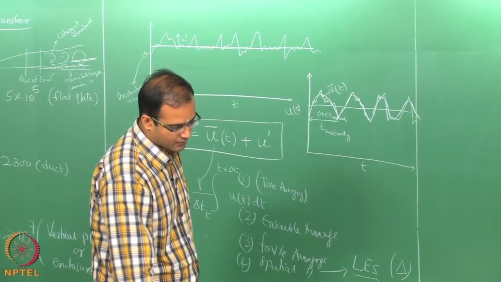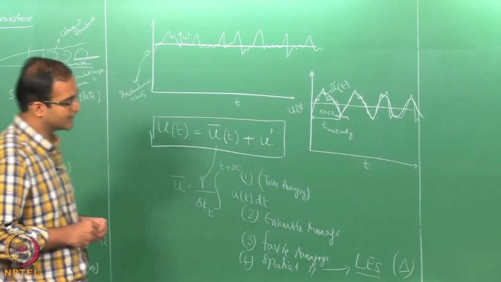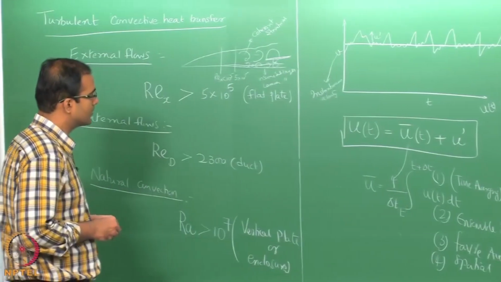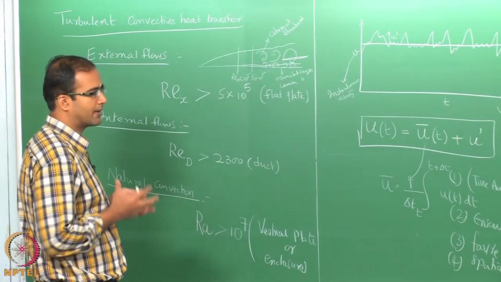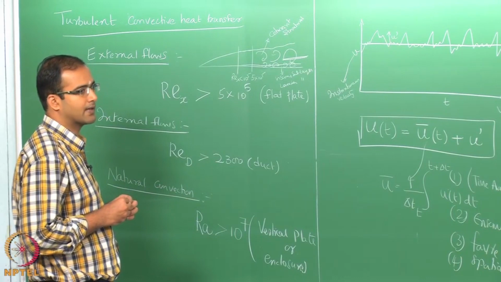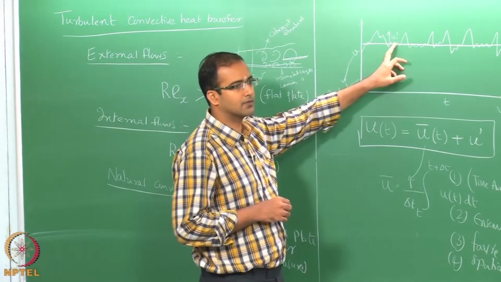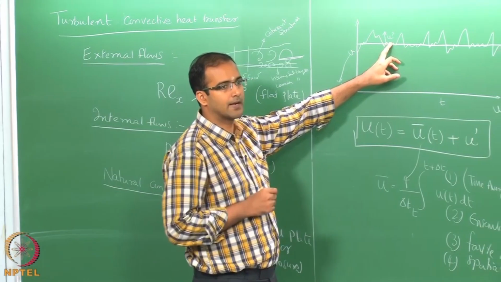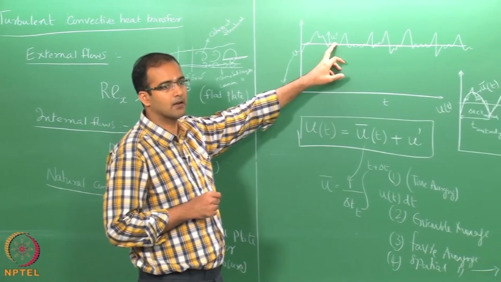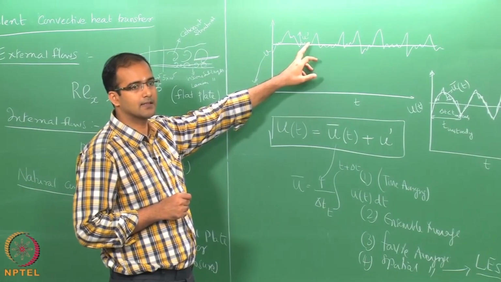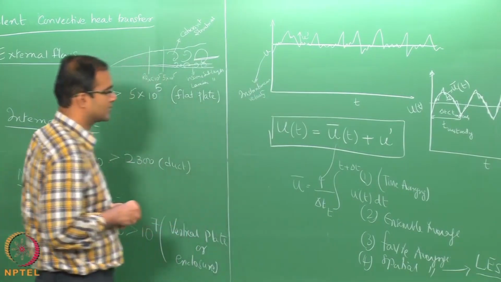So, if you do the averaging like this, how should you model or capture all these scales? As you can see, these fluctuations are a result of the small eddies. The time scale of these eddies results in these fluctuations. So, how do you really resolve this?